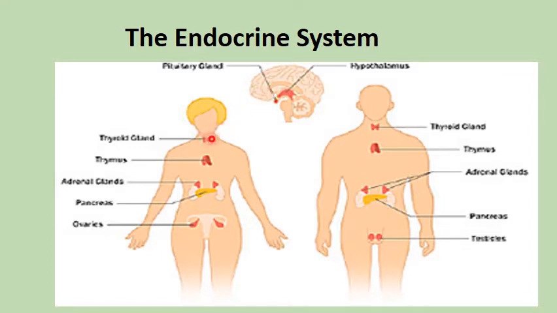We have the thyroid gland and the thymus for both males and females. Adrenal glands, above the kidneys, for both males and females. The pancreas, and for the females we have the ovaries, and for the males we have the testicles.